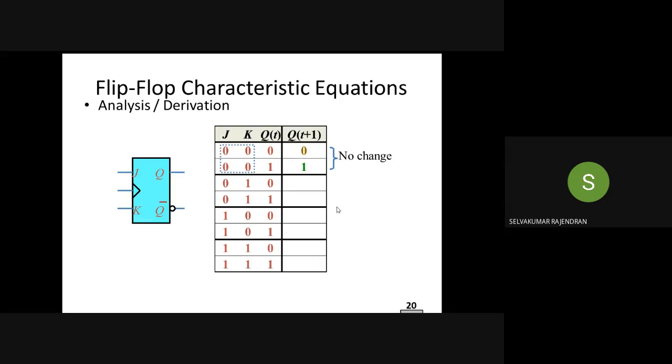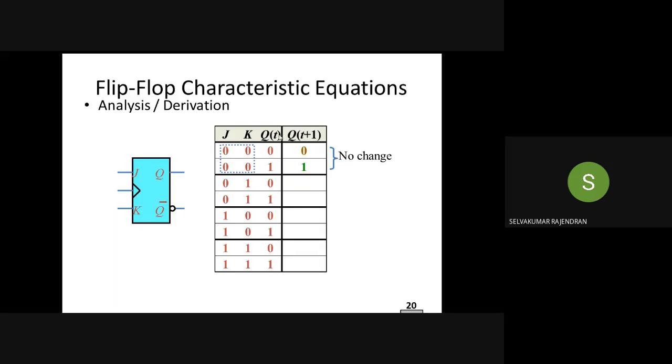Okay, so in characteristics table we will list three variables J, K and Q, right? So J, K, Q, present state values. Okay, so if inputs are 0, 0, then next state will be, what will be? Present state values, because no change condition or memory state condition, right?